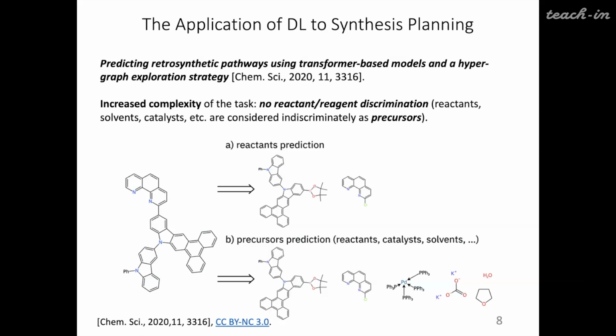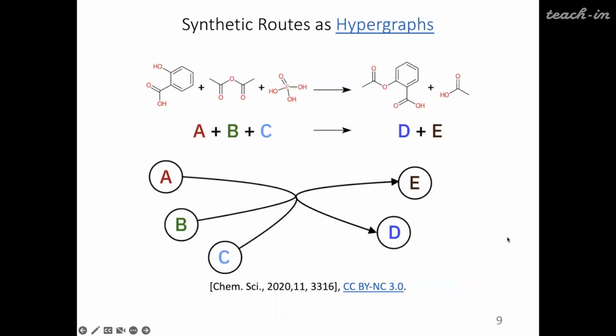In such a way, reactants, solvents, catalysts, etc. are considered as precursors. So for synthesis of this polycyclic molecule, we need to consider all these substances.